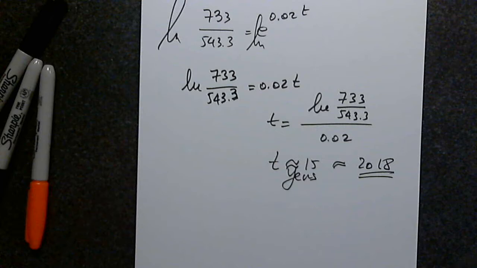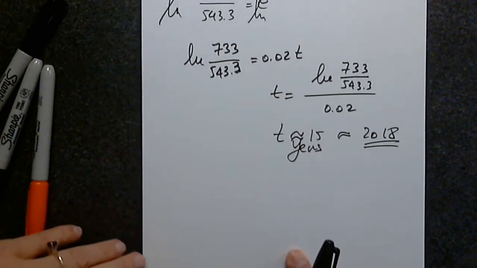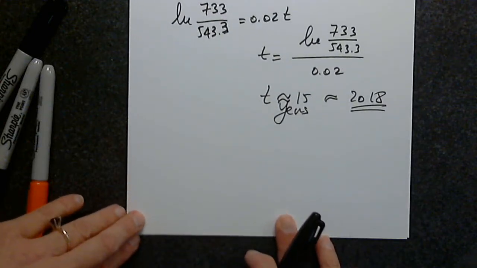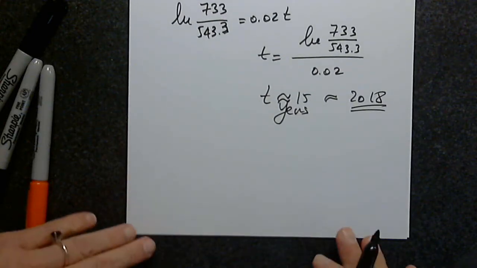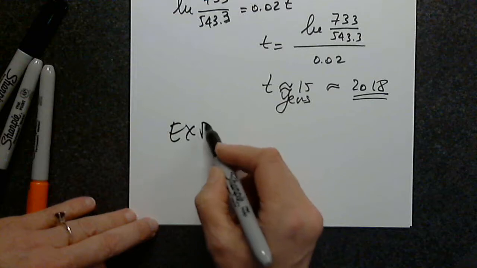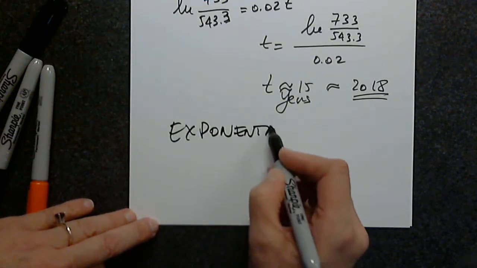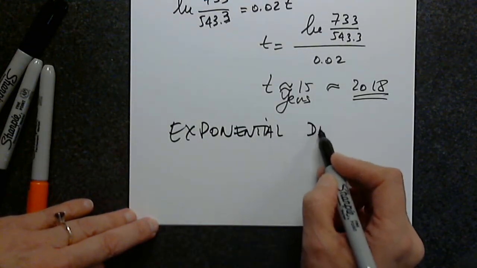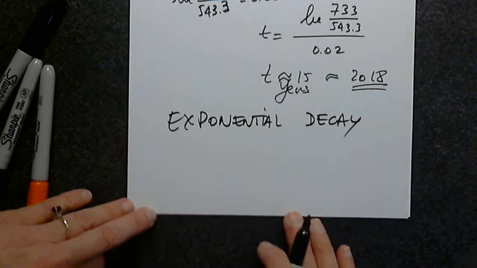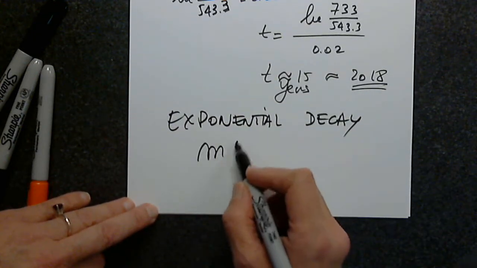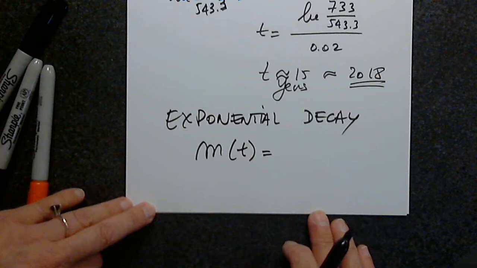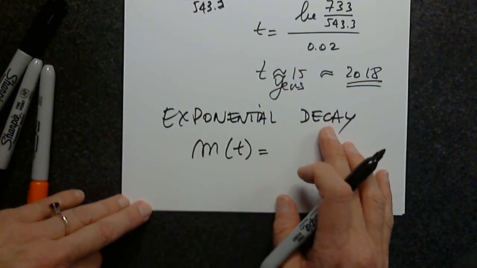Okay, so the exponential decay model is very similar, but it has a minor difference. The exponential decay is the last model. I like to use mass for exponential decay.